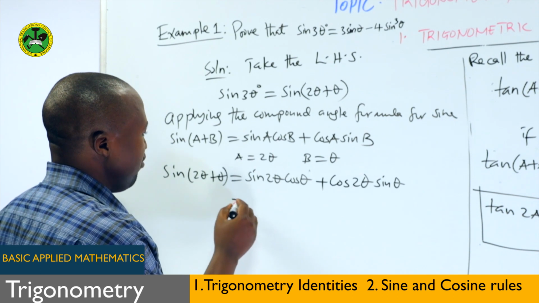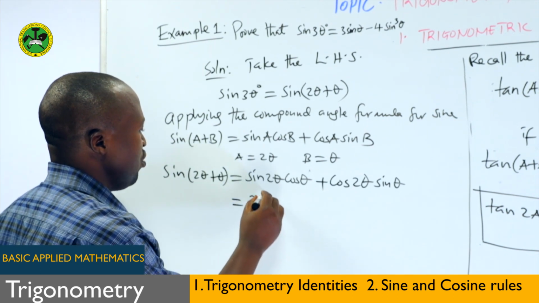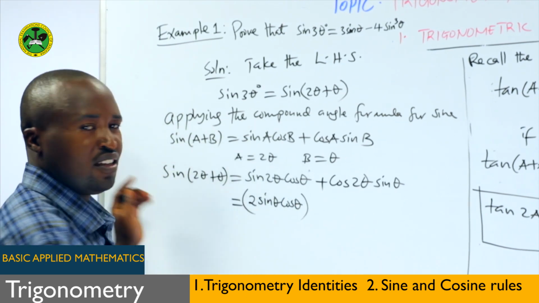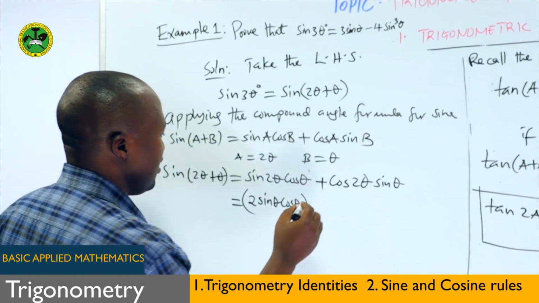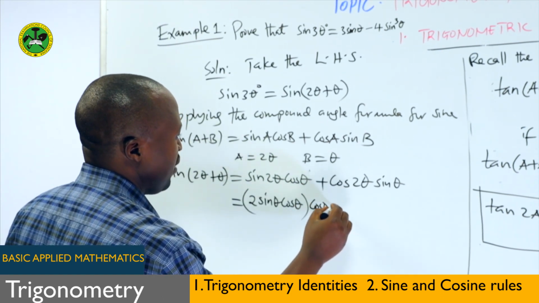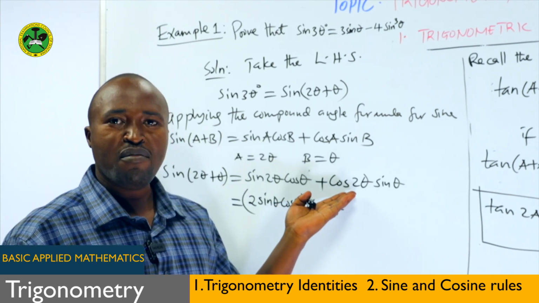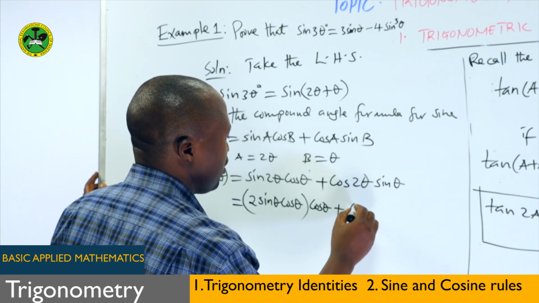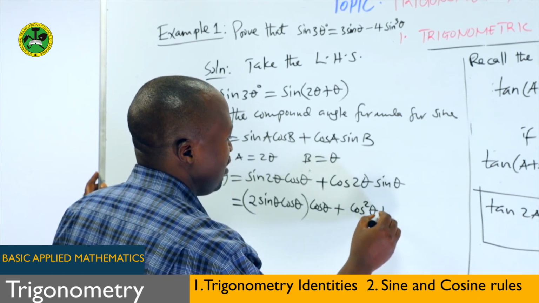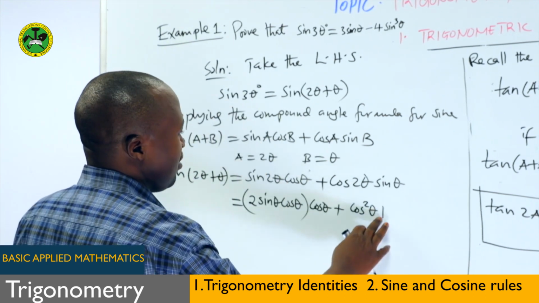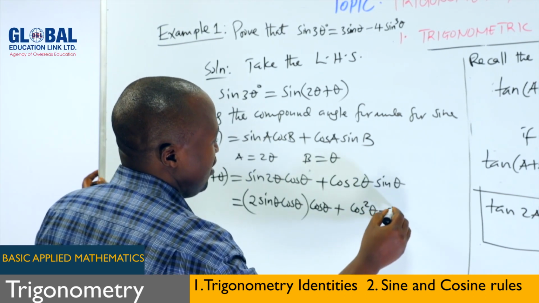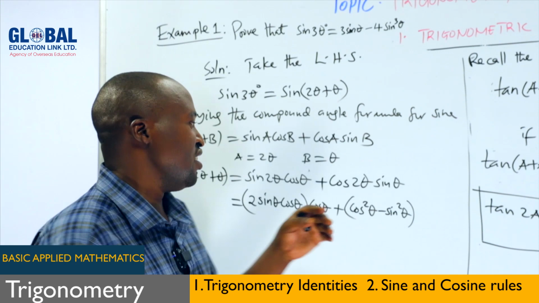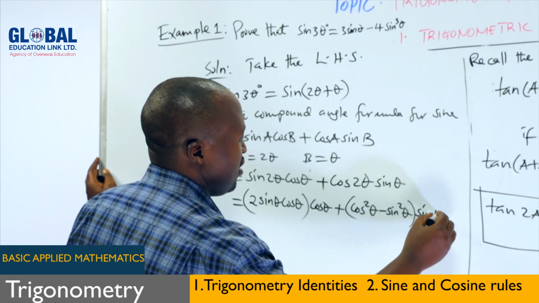So here we are going to have 2 sine theta cos theta, bracket, followed by cos theta, plus, remember the double angle formula for cosine, cos squared theta minus sine squared theta, then the last identity here is sine theta.